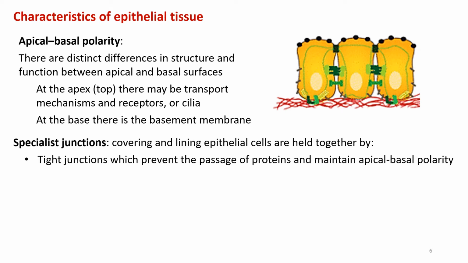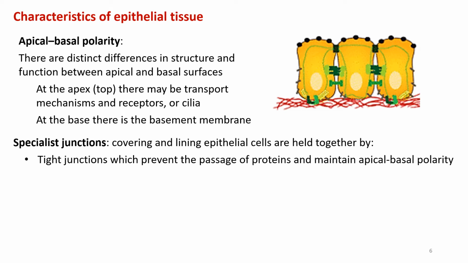Another characteristic is specialist junctions. And there are a few of these different junctions. We're going to talk about the main ones. So we have to hold these epithelial cells together. And again, if we're talking about covering and lining, of course, those junctions have to provide some sort of fairly strong seal, but also a little bit of give.